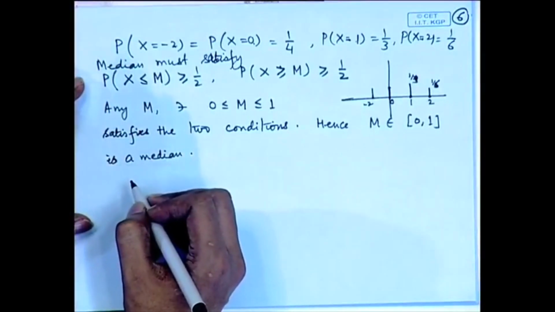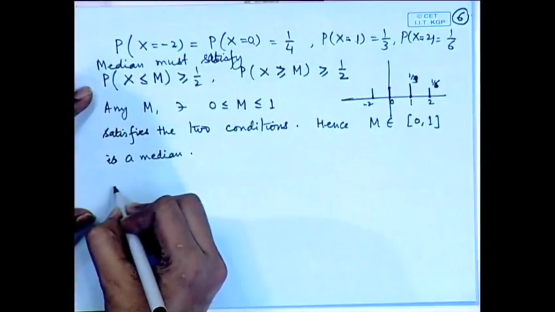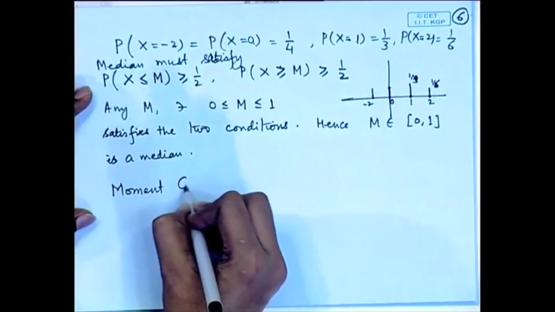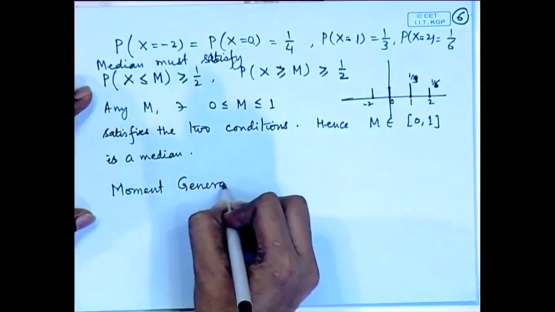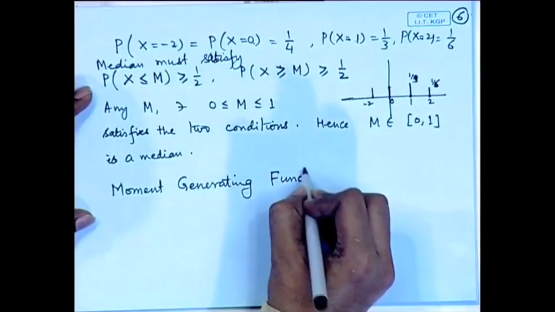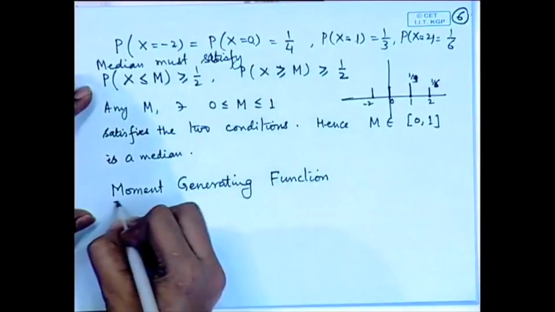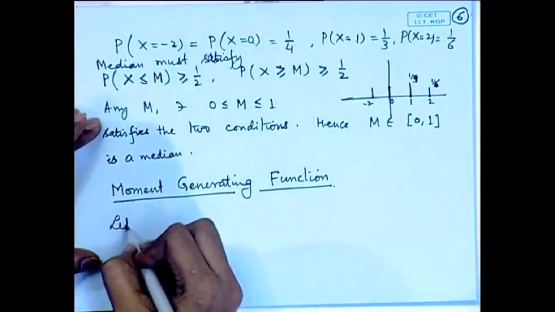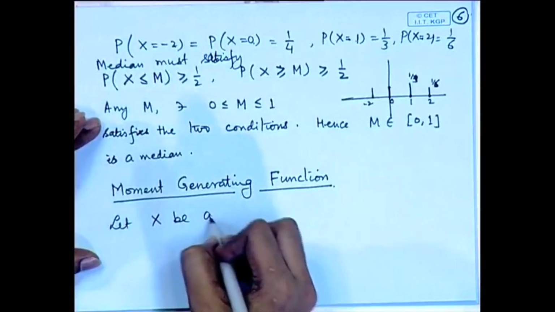There is another function called the moment generating function, which tells something about the distribution. So, let us consider that. Let X be a random variable.